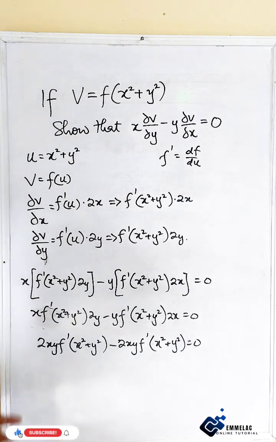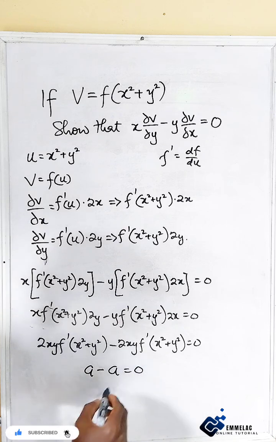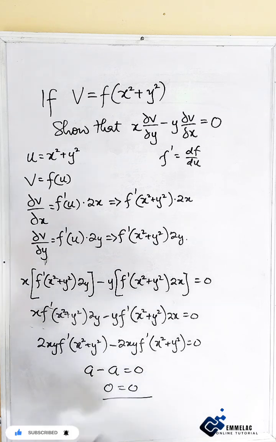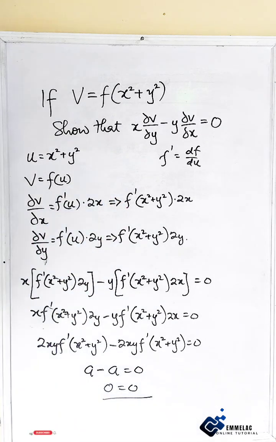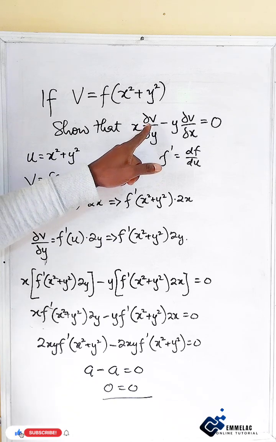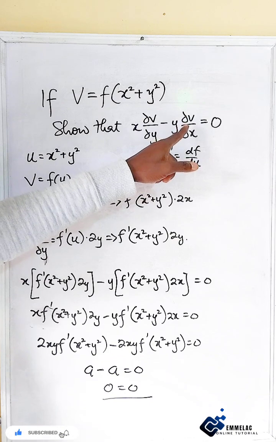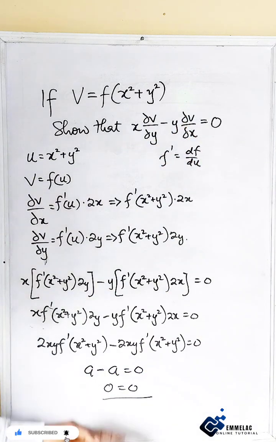So if we take the whole of this expression as maybe a, that would be a minus a, which equals 0. So we've shown that x times the partial derivative of v with respect to y minus y times the partial derivative of v with respect to x equals 0.